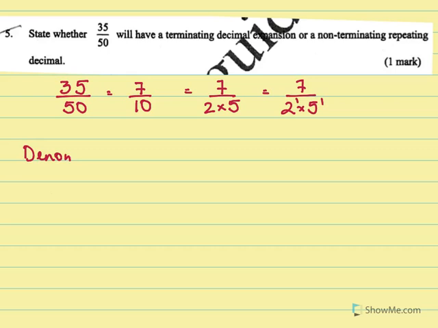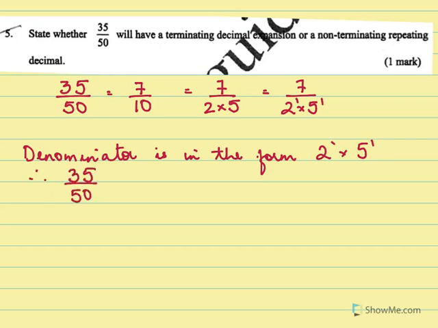So you'll say denominator is in the form of 2 raised to 1, 5 raised to 1. Therefore 35 over 50 is a terminating decimal.